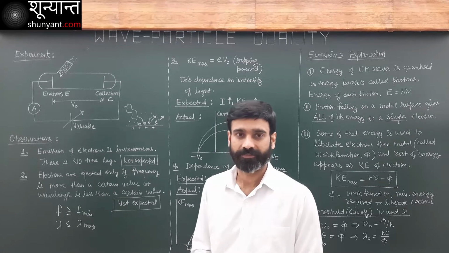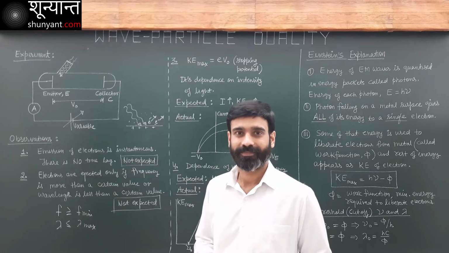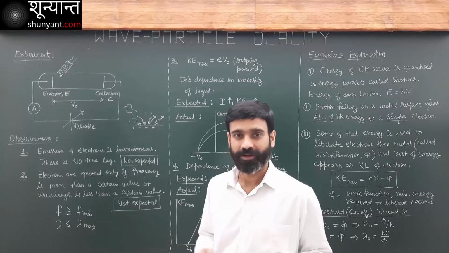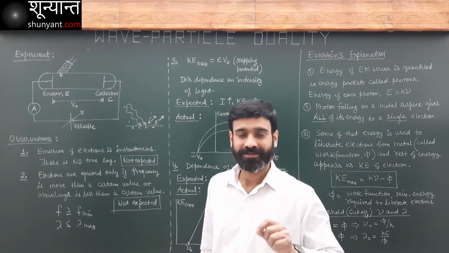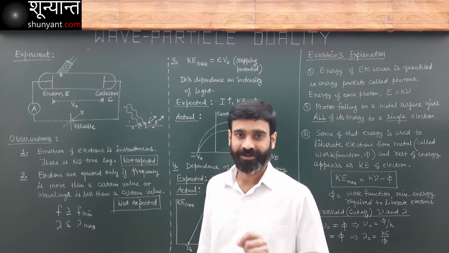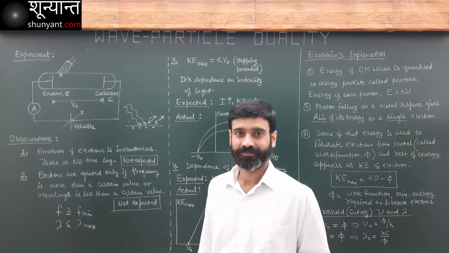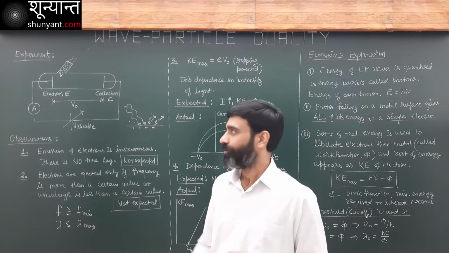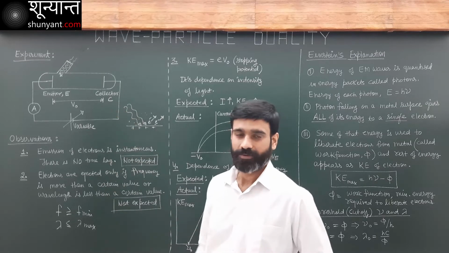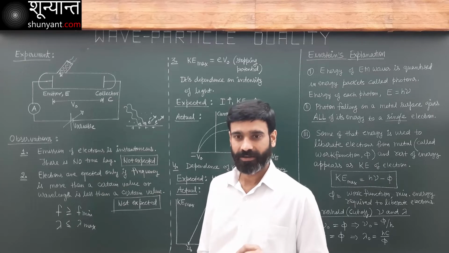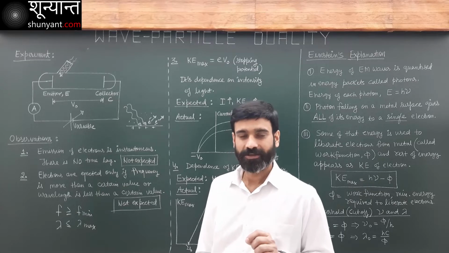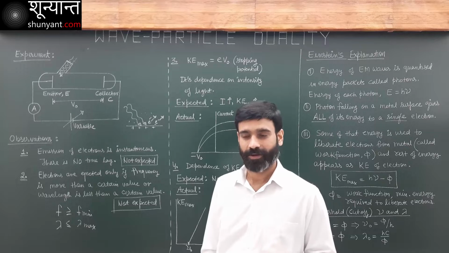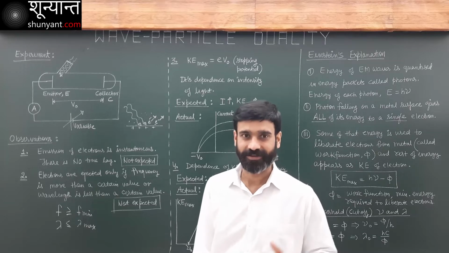So what's the problem? The problem is that this is not an expected behavior. When this experiment was carried out, at that time the wave theory of light was prevalent, or let's say it was the only theory.